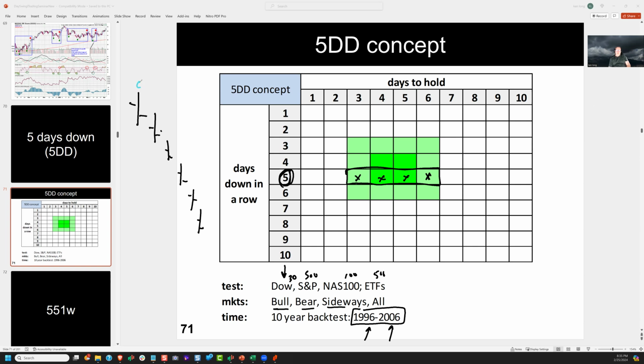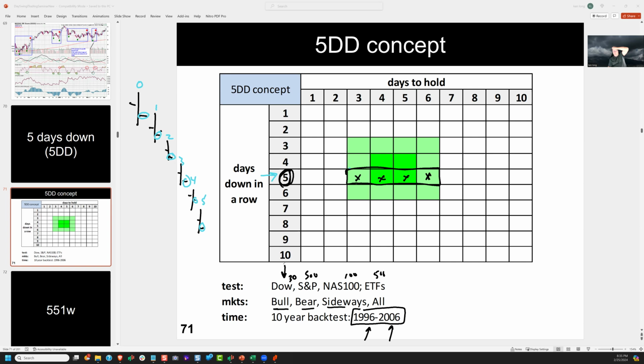If this is the close on the 0 day, day 1, 2, 3, 4, 5, lower close 1, 2, 3, 4, 5. 5 lower closes. That triggered a 5-day down. And on his research, you had a favorable window from 3 to 6 days.